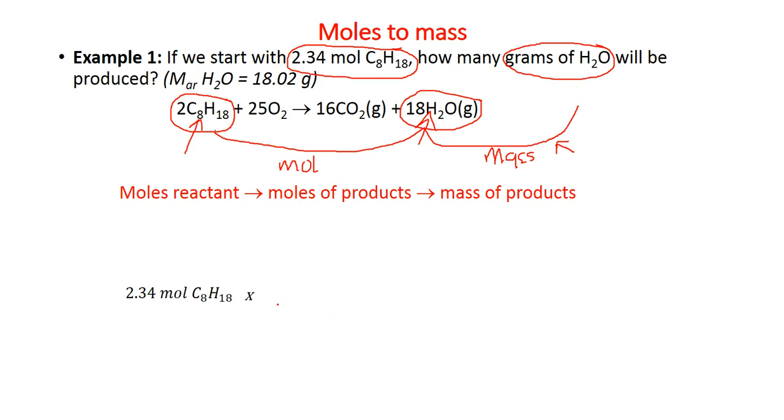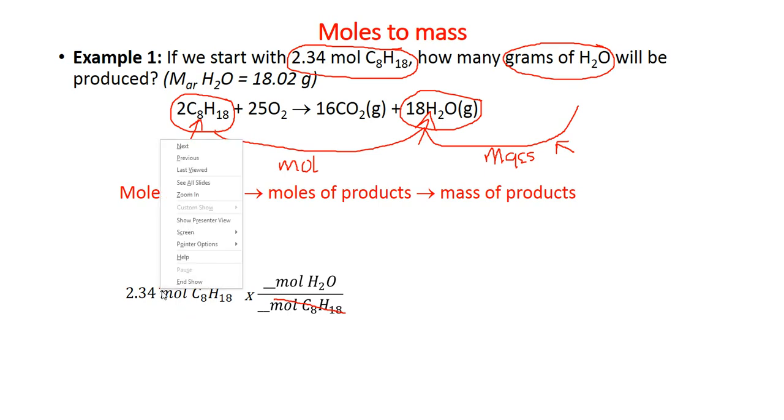So if you have moles of octane here, you need to have moles of water at the top. So this is what you are doing, and you see that this moles of octane is going to cancel with the moles of octane up here. That's how you do your conversion. So here we are moving from moles of octane to moles of water. So at the top here we need moles of water. That is the first conversion that we are going to make.